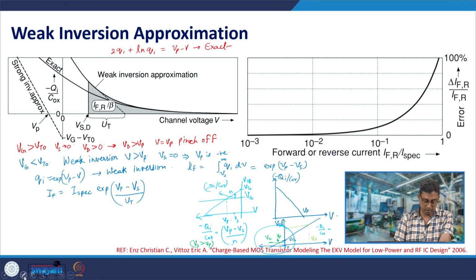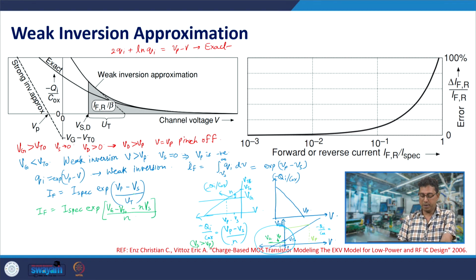So, using this, we now write an expression for If. That is why we get a similar expression. We again use this, and therefore our earlier expression for Vp minus Vs also stands, and therefore If is actually I specific exponential Vg minus VTO minus nVs by nUt.